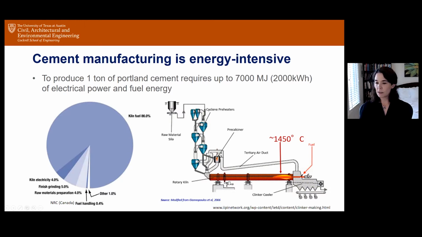And the need for that fuel is to create a high temperature. I wrote 1450 degrees C here. It could be 1350. It just depends on the particular plant. But what I want to show with respect to this diagram as well is you can see that the flame is actually part of the kiln itself.